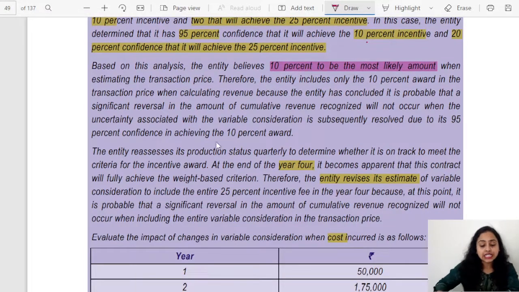Based on the analysis, the entity believes that 10% is the most likely method. If there are only 2 outcomes, you can use the most likely method, in which the most likely one is recorded as revenue when estimating the transaction price.